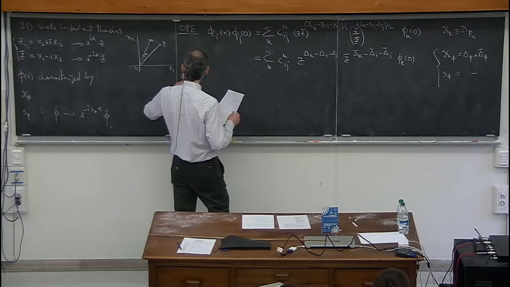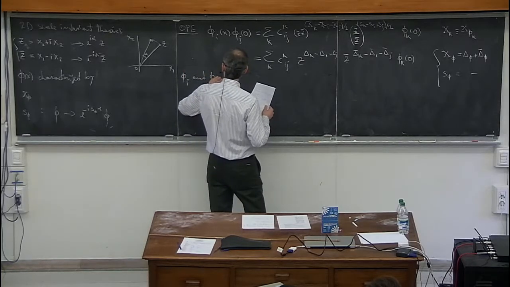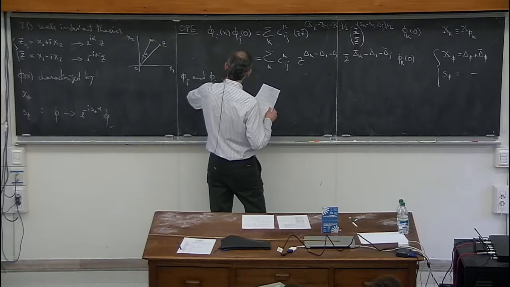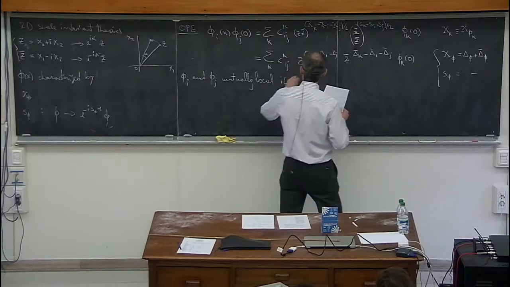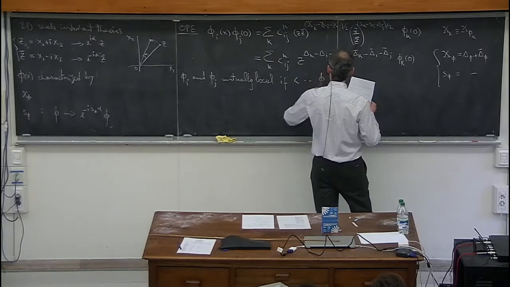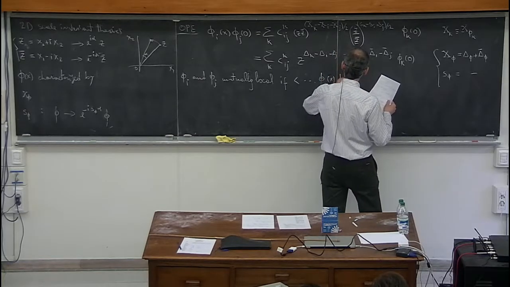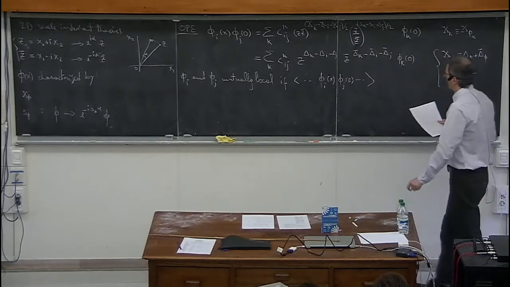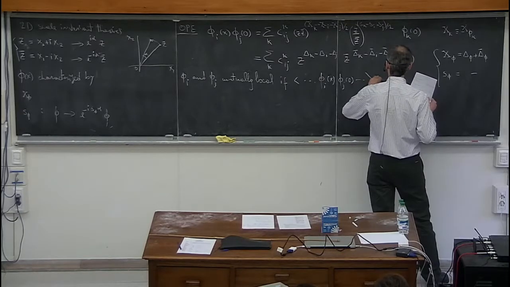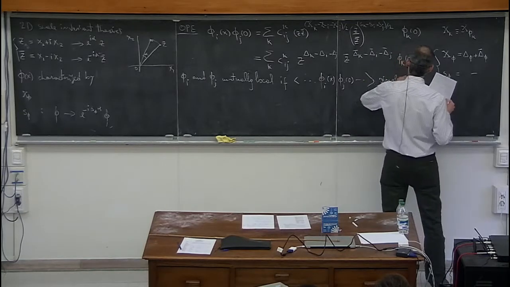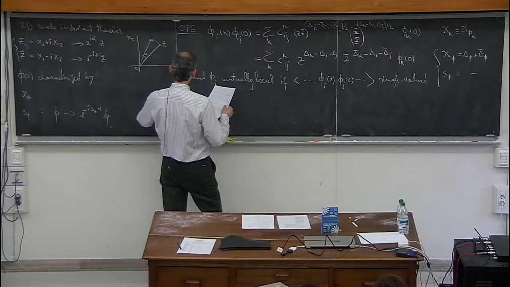We say that the two fields, phi_i and phi_j, are mutually local if the correlation functions which contain them are single valued under a 2-pi rotation.